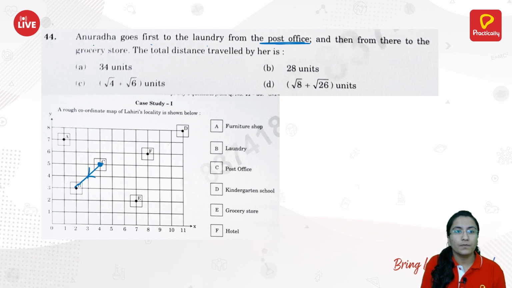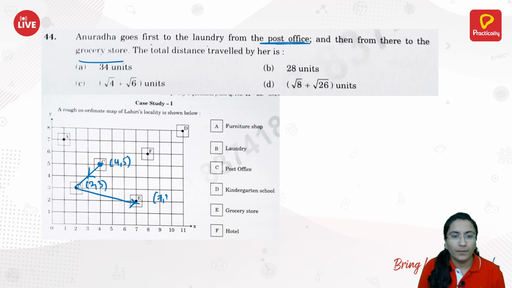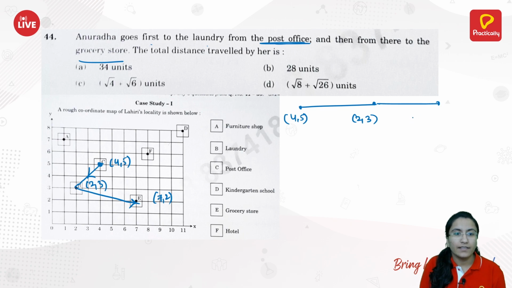And then she moved to the grocery store, which is point E, this way, right? C point is basically 4, 5, and then this B point is 2, 3, and this E point is basically 7, 2. We are supposed to find the first distance and then the second. First is from 4, 5 to 2, 3, and then from 2, 3 to 7, 2.